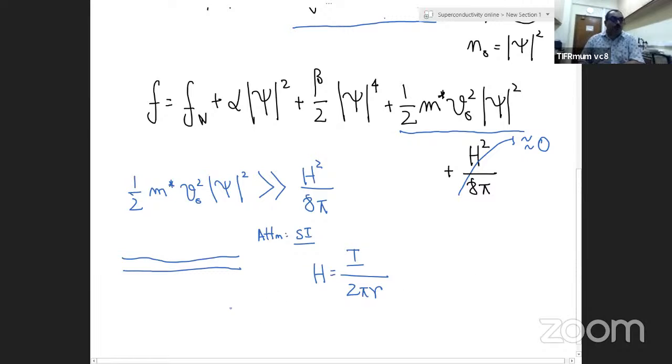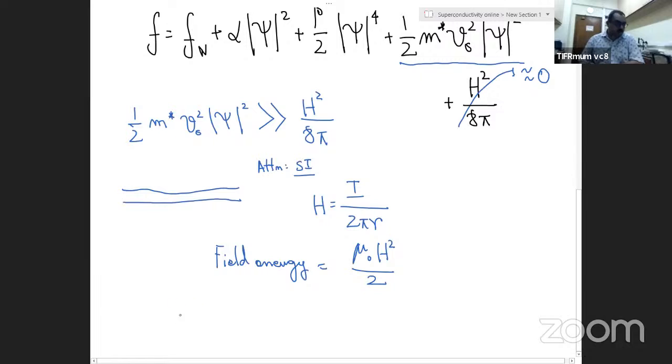Okay, so you know that the field energy is mu0 H square by 2, so that means mu0 by 8 pi square I square by r square.